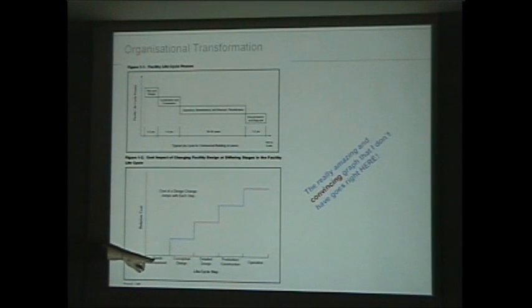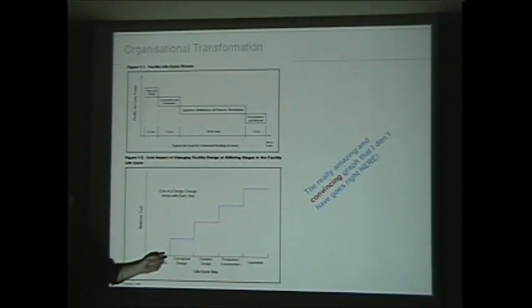When you look at a chart like this, what you're seeing is, if we decide to make a change to the building early on in the planning stages, there's virtually no cost to doing that. As we get up into conceptual design, you take a little jump, another jump as you get to detailed design, etc. So the later through the process you leave the changes, the more expensive they are.